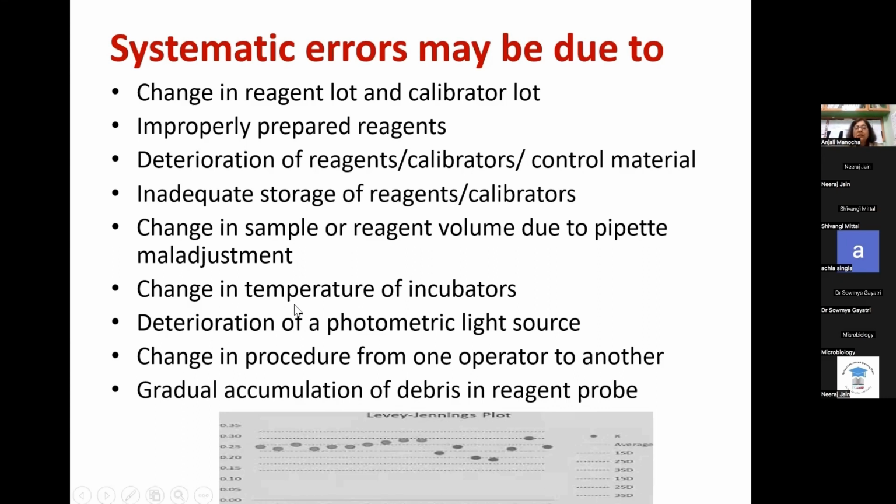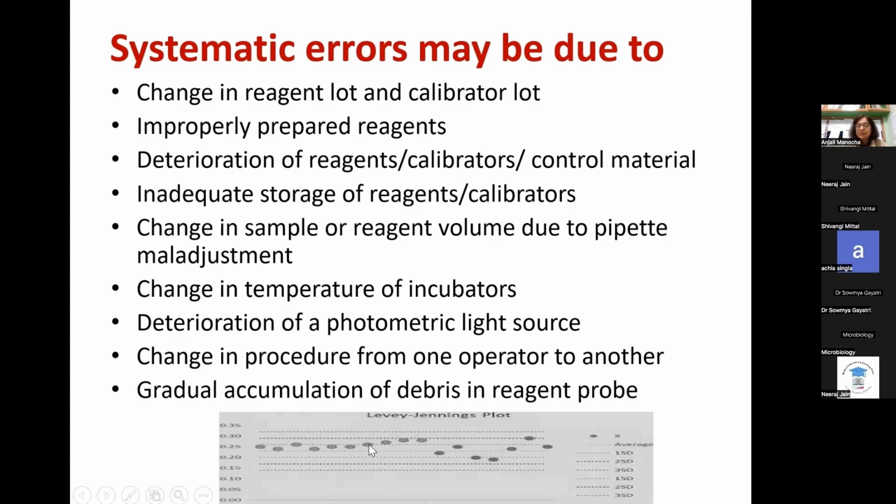So all these: change in temperature, change in volume, deterioration of the lamp, change in the procedure. One operator was doing it, they did not know that there was a pre-sample treatment to be done, and they just put the sample directly in the machine, or debris or anything blocking the reagent probe. All these errors will show you a trend, that is, a long-term shift from the mean.